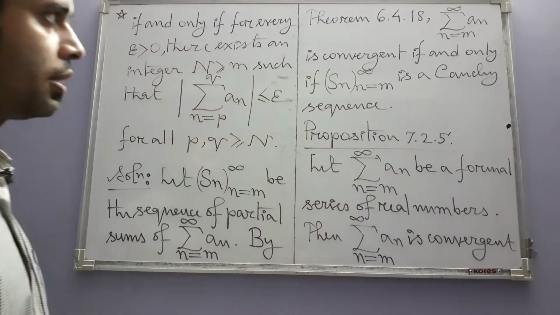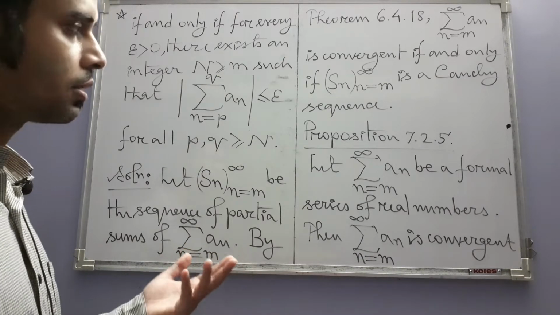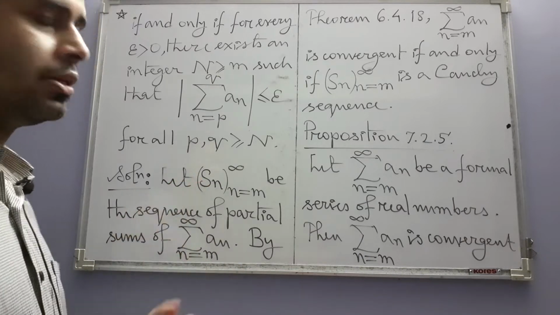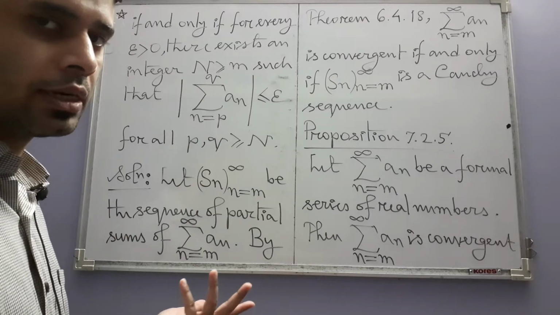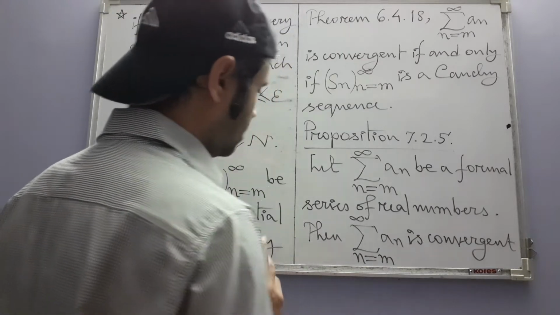So now instead of talking about convergence of the series, we will talk about the Cauchiness of this sequence of partial sums, because they are one and the same thing, right?